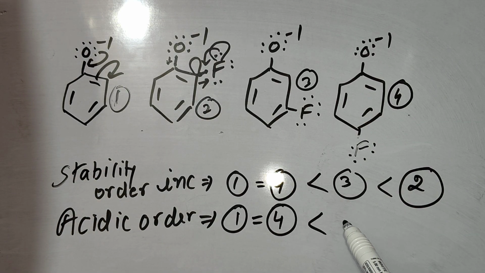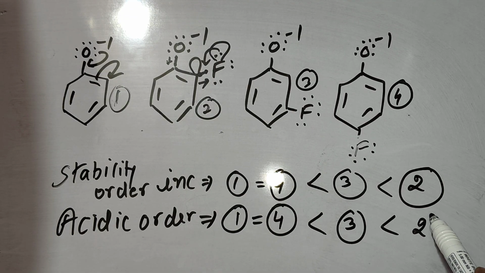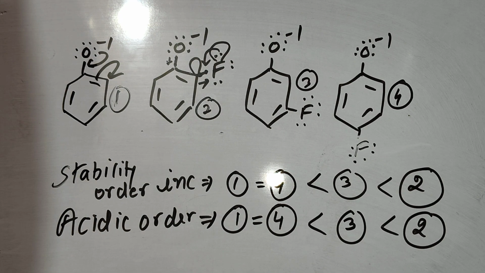Meta will be more than that and orthofluorophenol will be the most acidic among them. That's it. This is the order we have for phenol, ortho, meta and para fluorophenol. Please check the reasons carefully because this case is quite complex, not so easy.